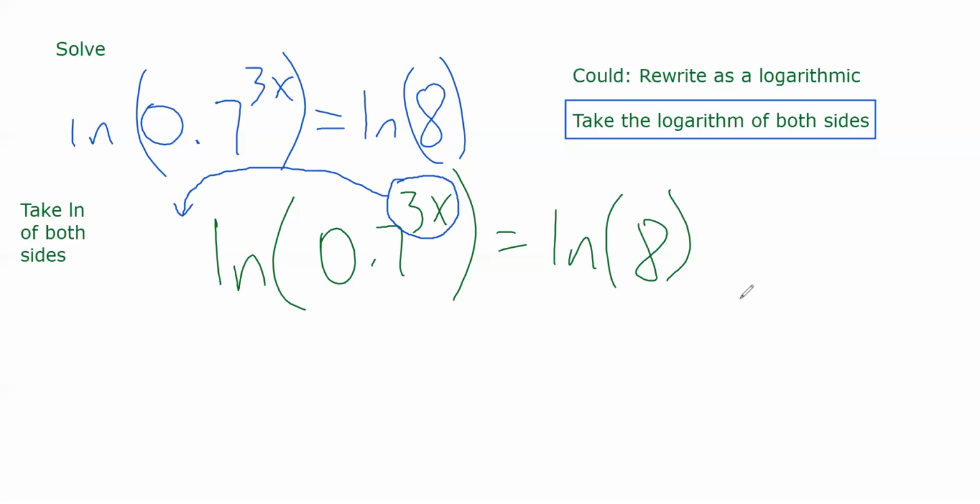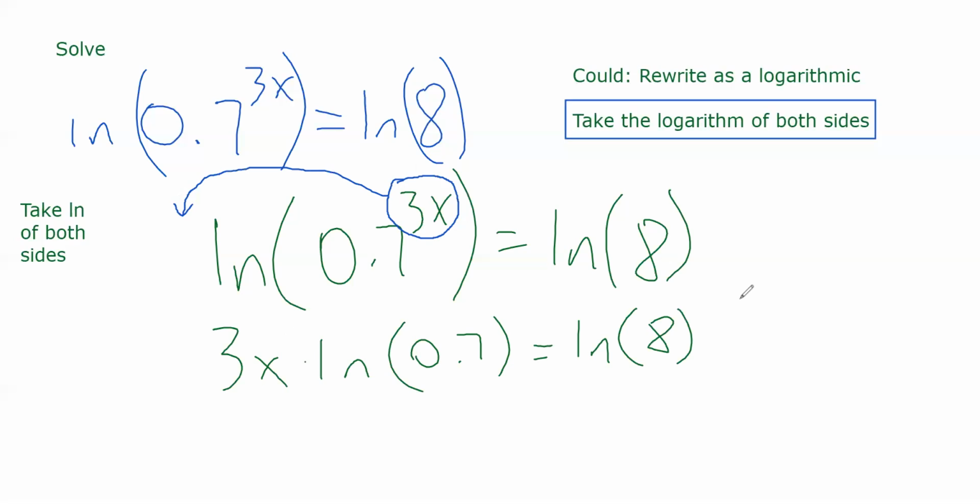My variable is back on level playing field. And so now I've got my x here. I need to isolate x. I need to divide both sides by this 3.